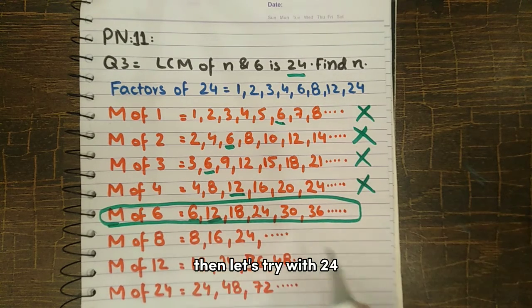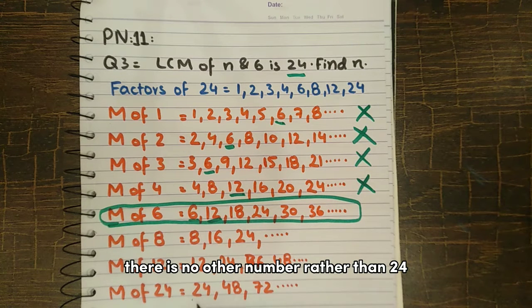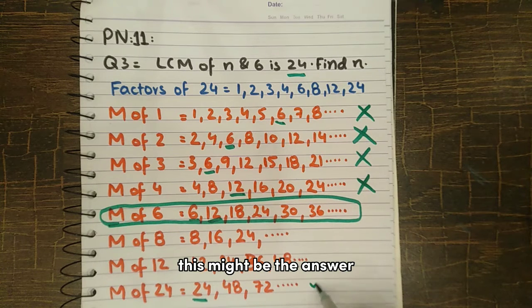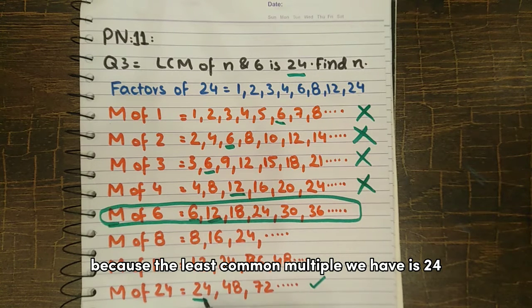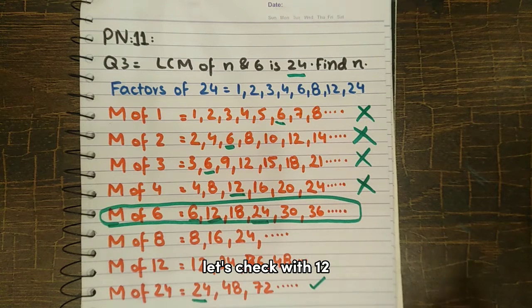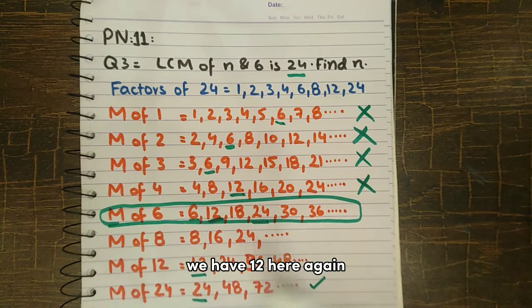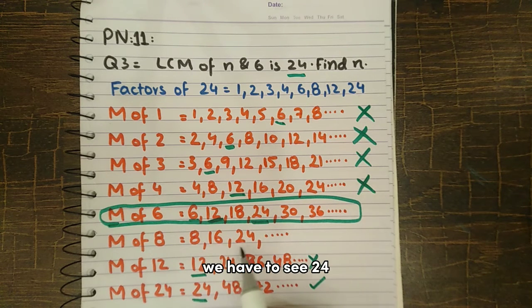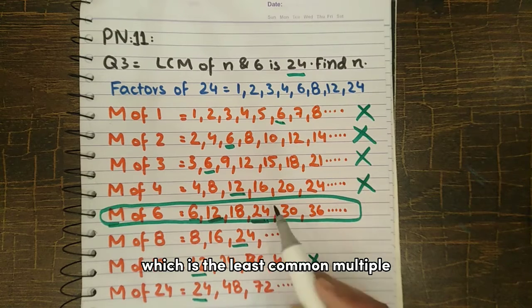Then let's try with 24. There is no other number other than 24. We can say 24 is repeated, so yes, this might be the answer because the least common multiple we have is 24. Let's check with 12. We have 12 here again, so this is not possible. Let's check with 8 now. While checking with 8, we see 24 is the least common multiple.